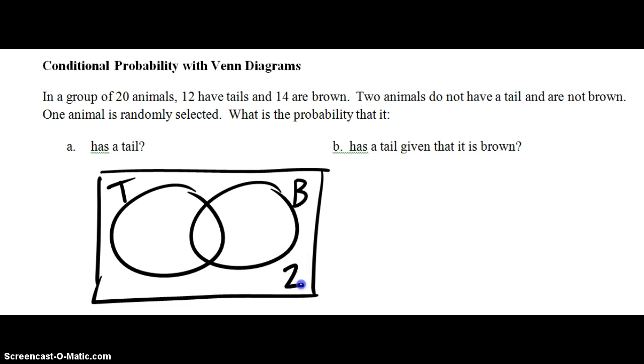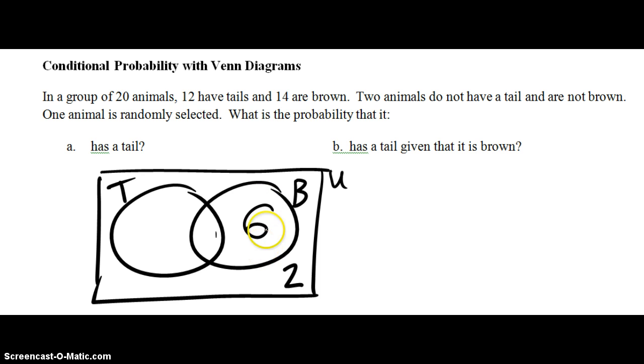So that's here, in our U, neither T nor B. So that's 2. So what's left in here? Well, 20 minus 2, we have 18 left in here. Of those 18, 12 have tails. So that means in this circle here is 12. 18 minus 12 is 6, so this has to be 6 here.